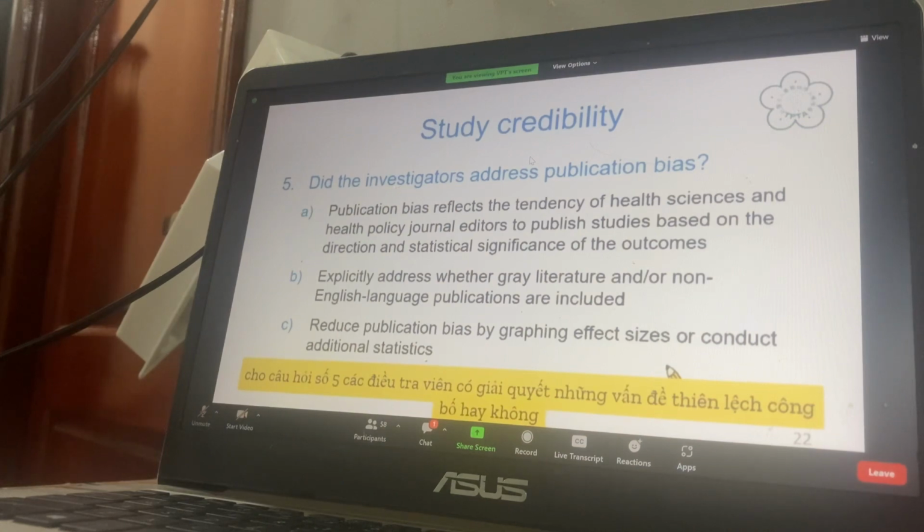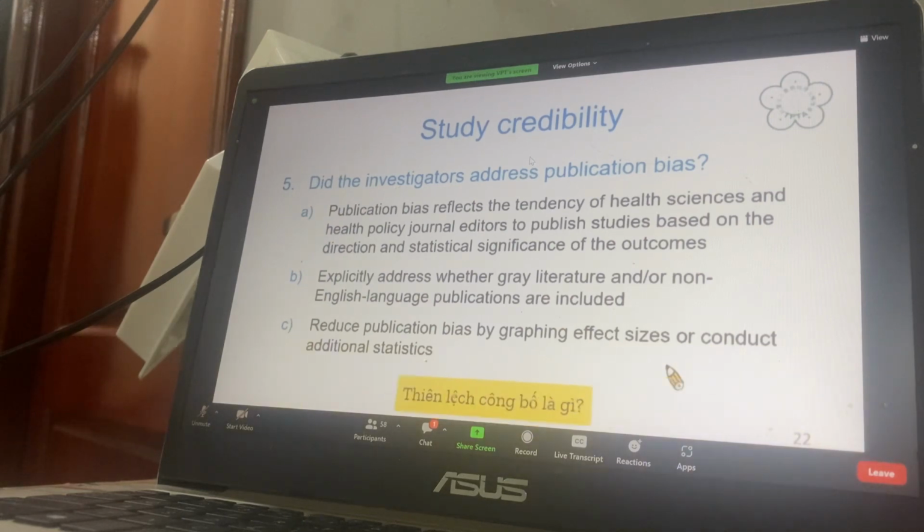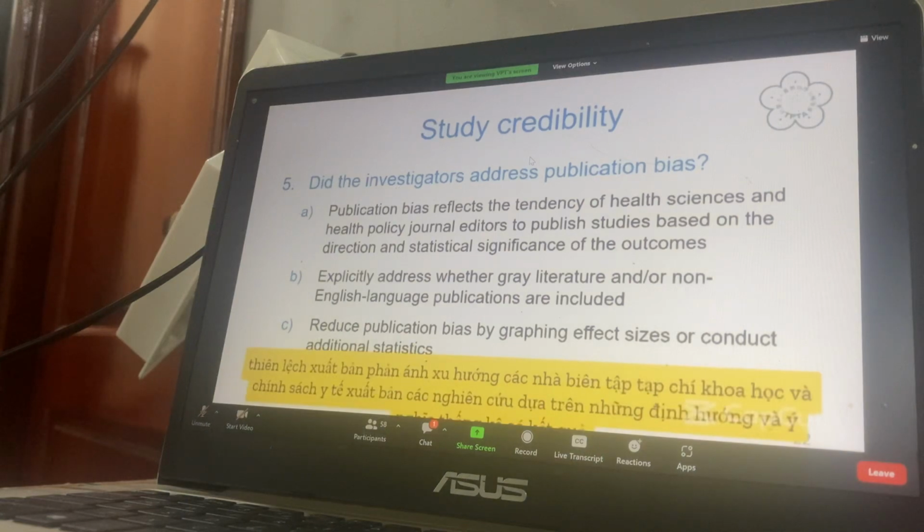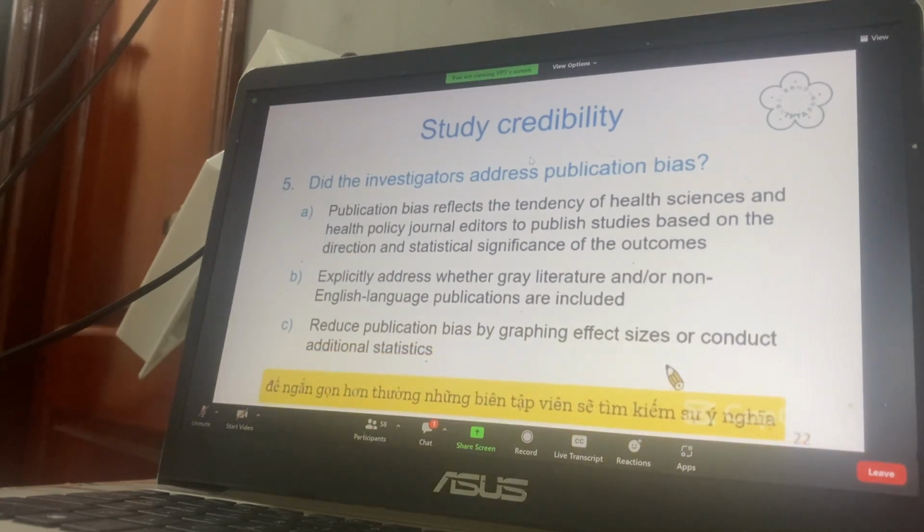For the fifth question, we want to look at whether the investigator addressed publication bias. What is publication bias? Publication bias reflects the tendency of health science and health policy journal editors to publish studies based on the direction and statistical significance of the outcome. To make this sentence short, usually editors from journals look for significance.